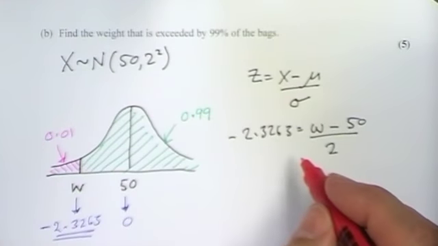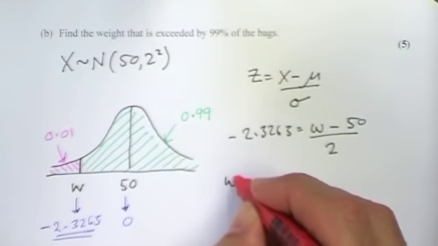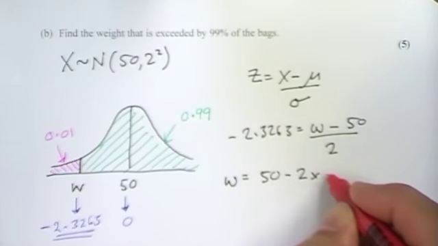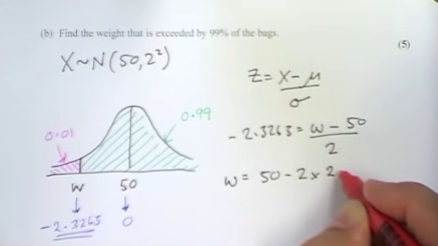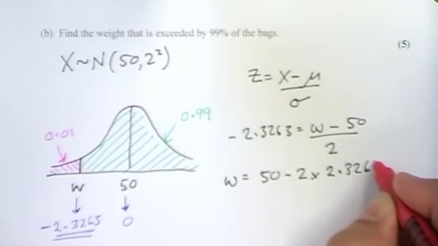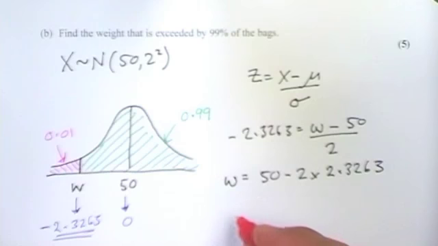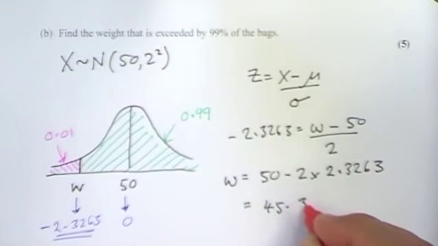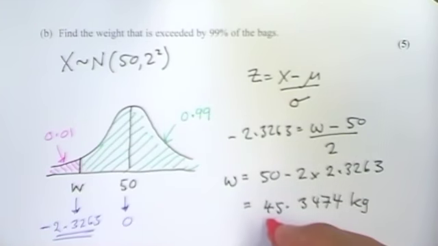I can rearrange that, and I get W equals 50, take away 2 times 2.3263, and that comes to 45.3474, and our unit is kilograms.